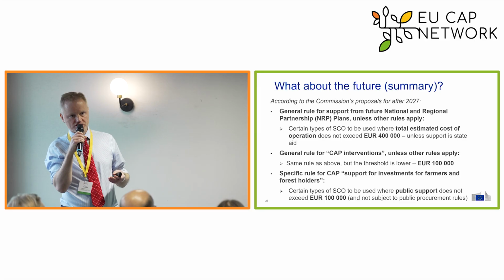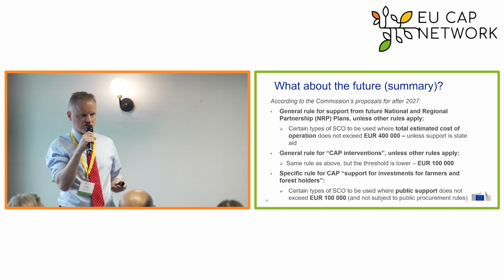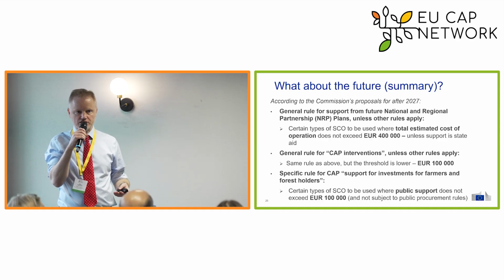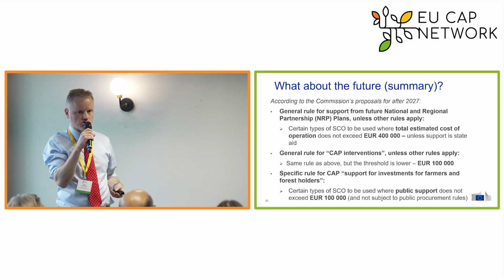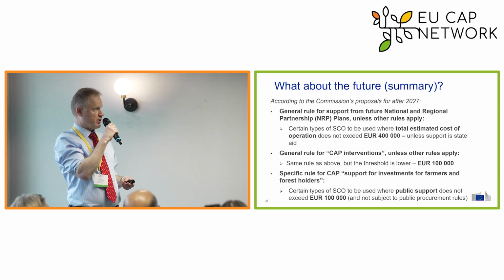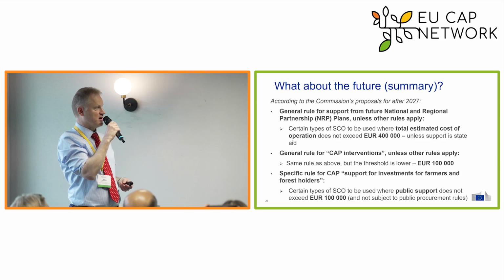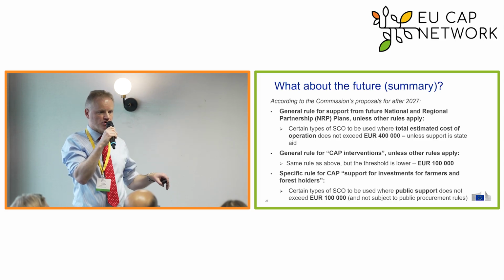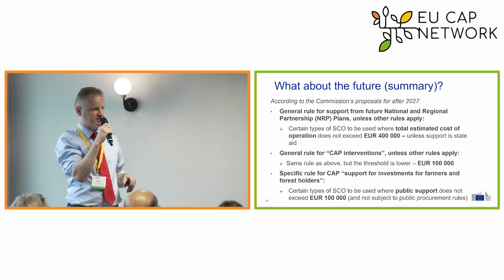So again, according to the Commission's proposals for after 2027, for the multi-annual financial framework, including the CAP, regional policy, etc. A general rule has been proposed with regard to member states' future national and regional partnership plans for a situation where there are no other rules applying.